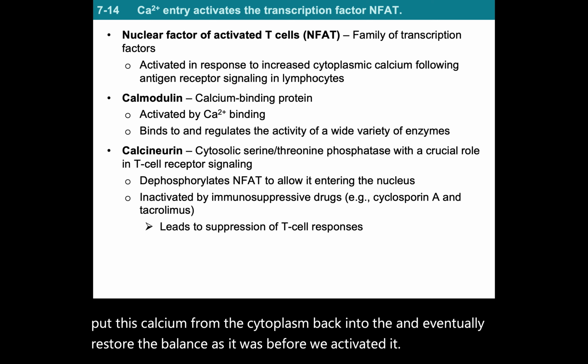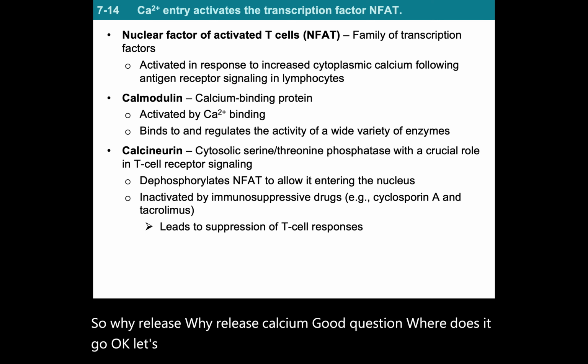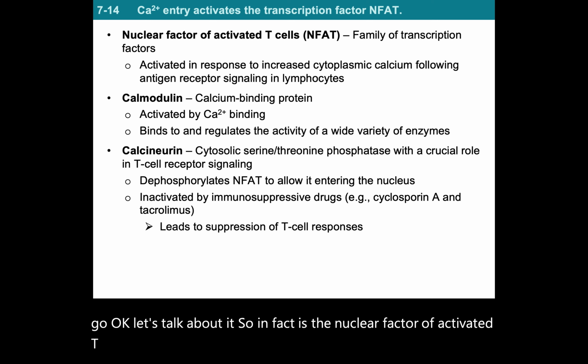So why release calcium? Good question. Where does it go? Okay, let's talk about it. So NFAT is the nuclear factor of activated T cells, and it is a transcription factor, part of a family of them.